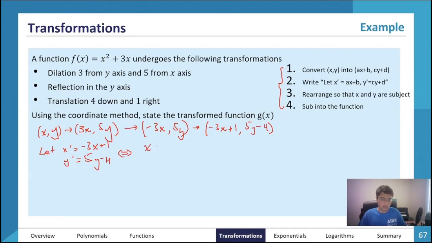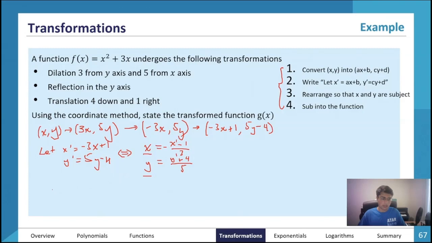So this would be x equals negative x dash minus 1 over 3. I just rearranged that first expression in my head to isolate x. And then we've got y equals y dash plus 4 over 5.